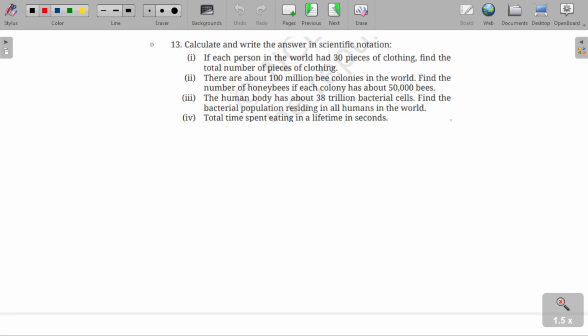Number 13. To calculate and write the answers in scientific notation, the first question is: if each person in the world has 30 pieces of clothing, find the total number of pieces of clothing. For this question, we must know how many persons are there in the world. We are taking the approximate value.